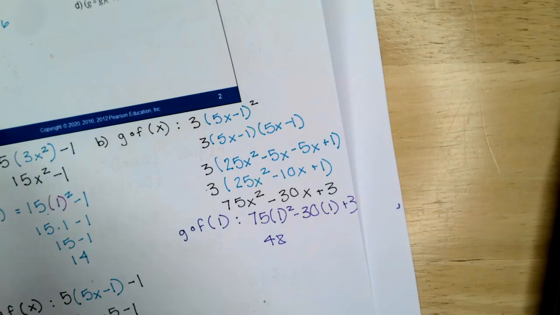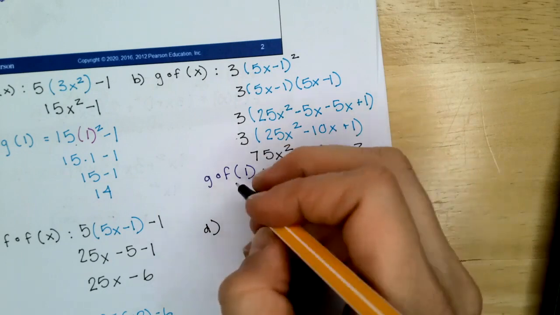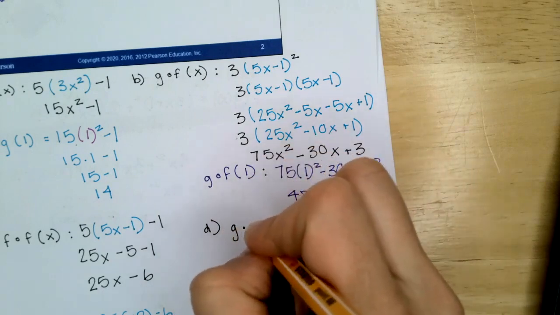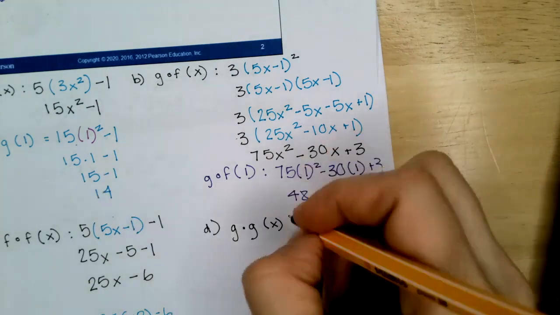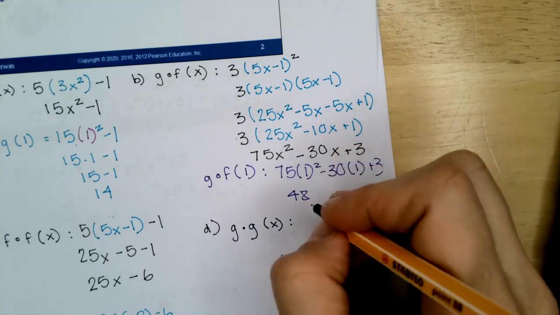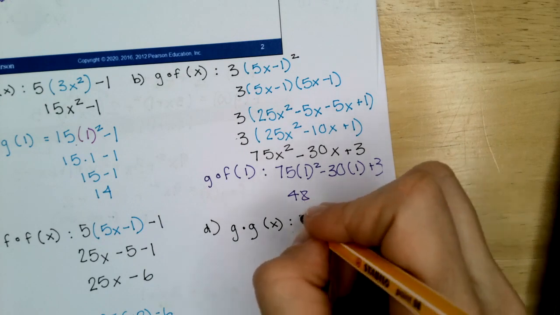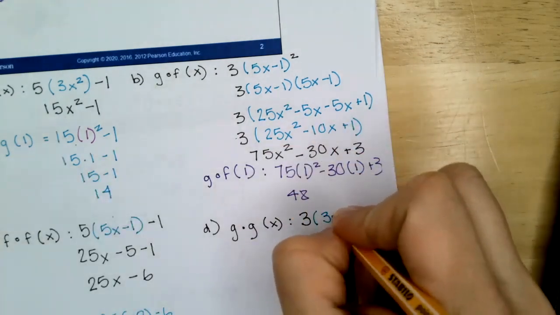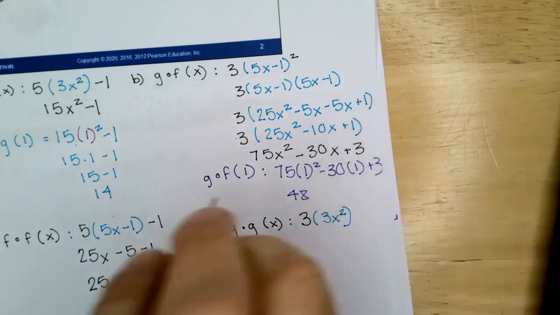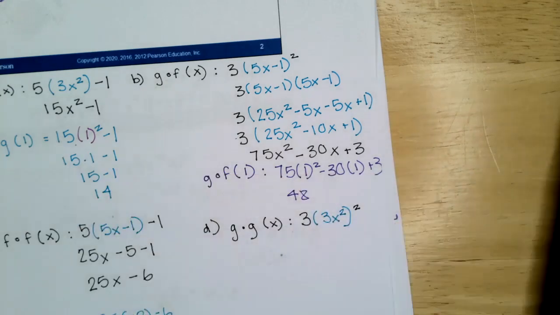Now g of g of negative 2, sorry. So we're going to take g of x and put g of x inside of it. So that becomes 3 times 3x squared, squared, right?